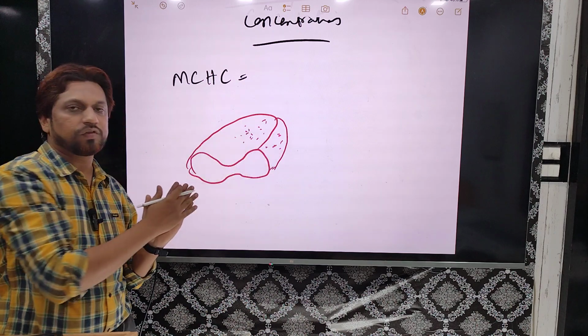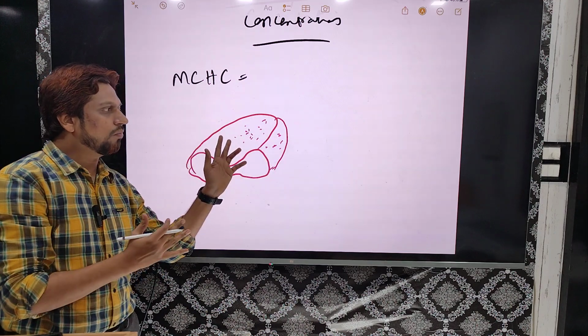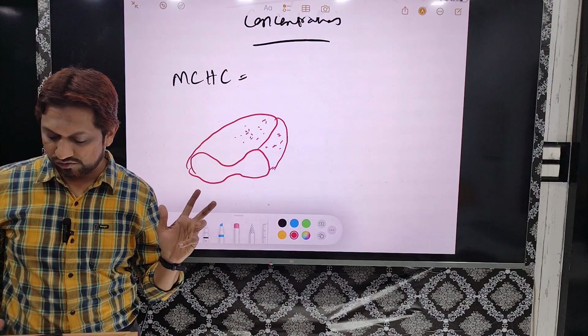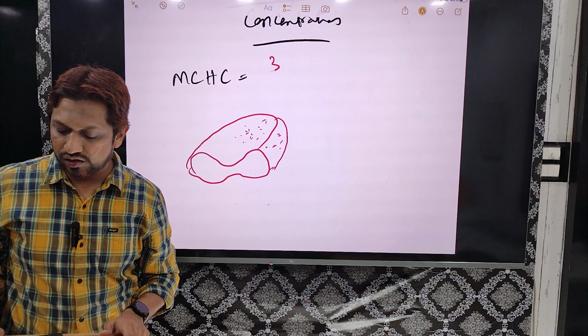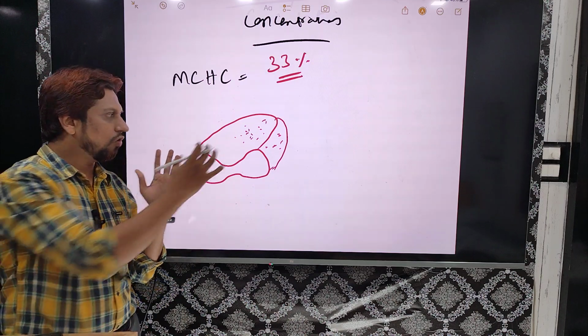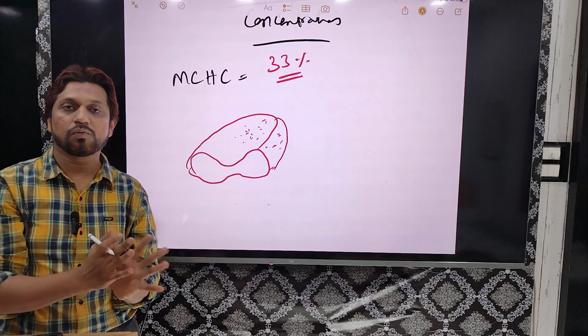Suppose this single RBC is 100% of the volume. Out of that 100% volume, how much hemoglobin will be present? More specifically, how much percentage? That is around 33 percent. That is, in a single RBC, around 33% of the volume is occupied by the hemoglobin.